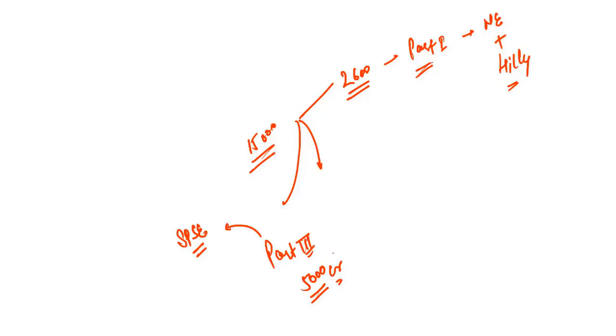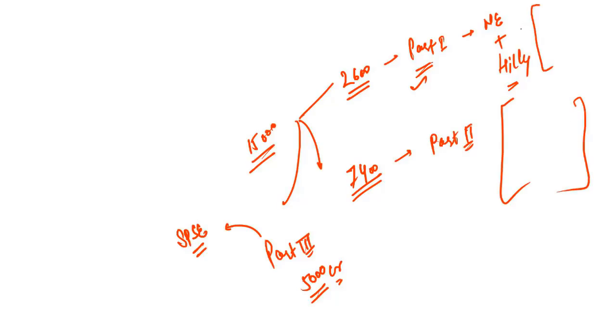This money has been allocated for the monetization and recycling of assets and disinvestment of state public sector enterprises. The remaining money, that is 7,400 crore rupees, is for the states which are not mentioned in Part 1. So this is category 2. So here the remaining states will be covered. Here only states of the Northeast and hilly areas will be covered.